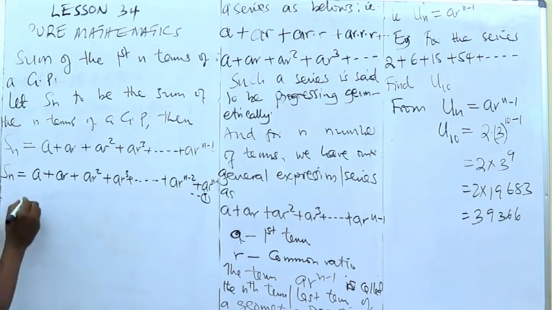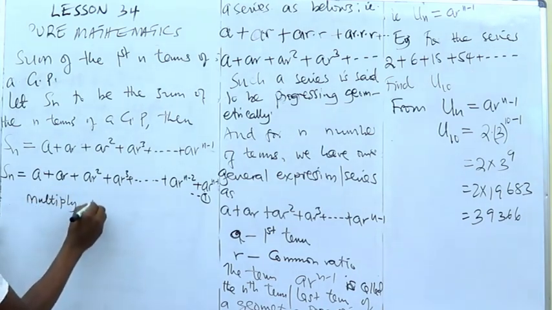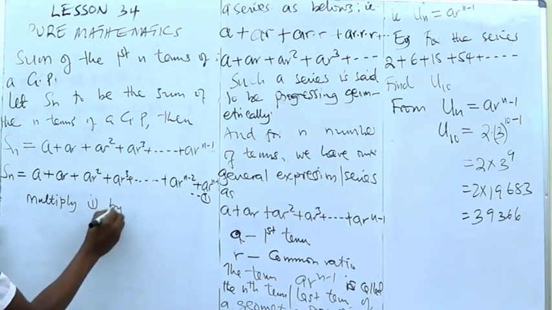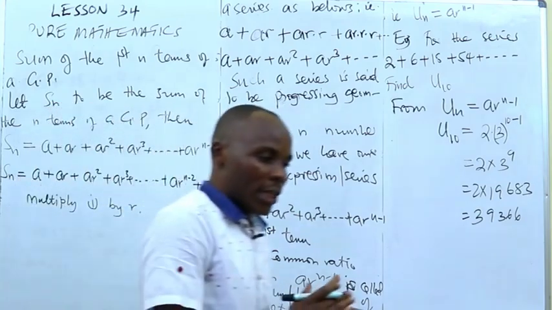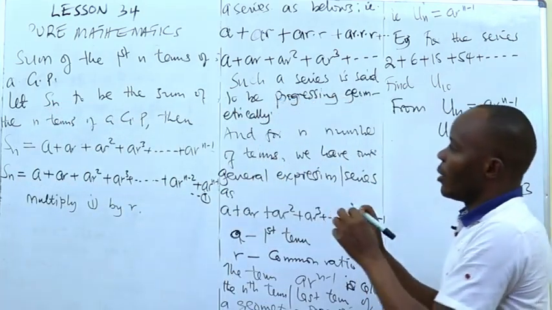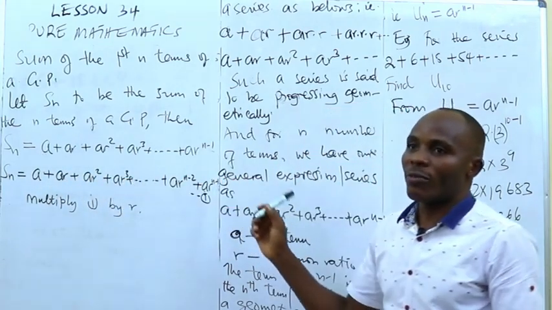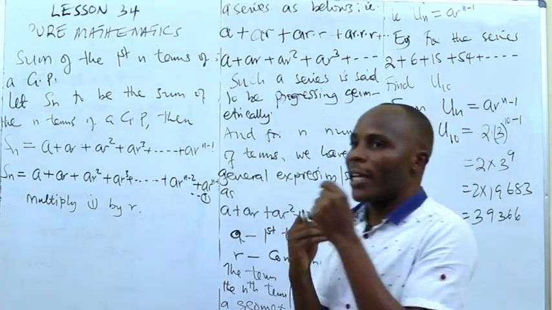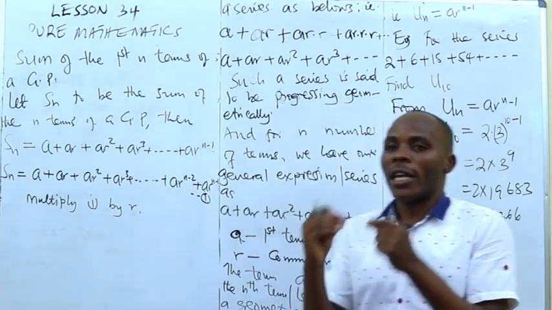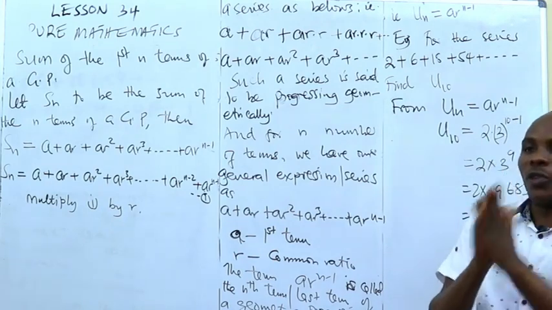From there, I can multiply equation 1 by R. Why am I multiplying? Remember, I've said that these geometrical terms are created by multiplying each term by a common factor R, which is called the common ratio.